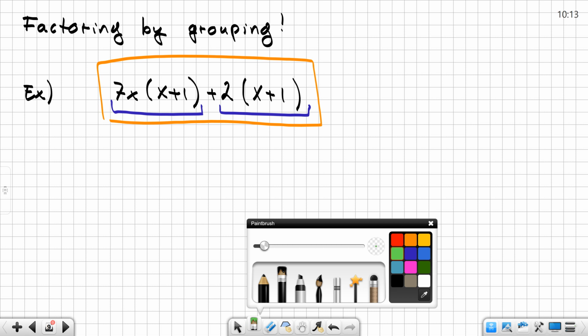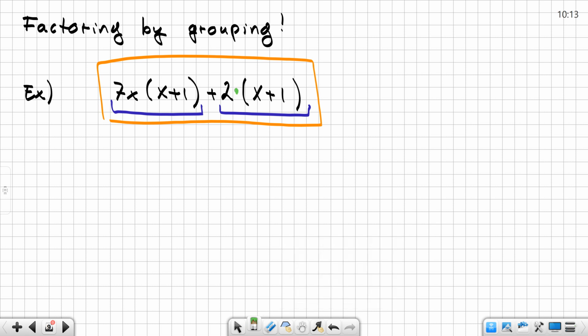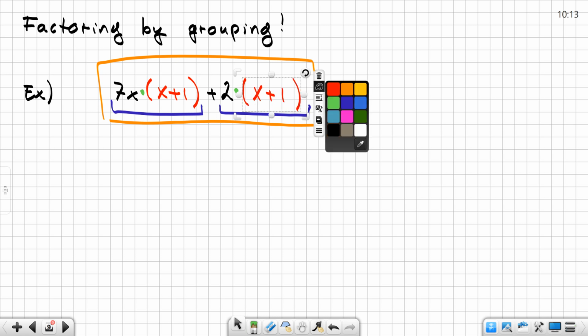And which factor do they have in common? The first one says 7x times x plus 1 plus 2 times, well, x plus 1 again. So x plus 1 is a common factor in both terms.